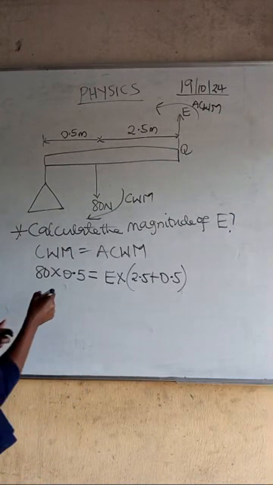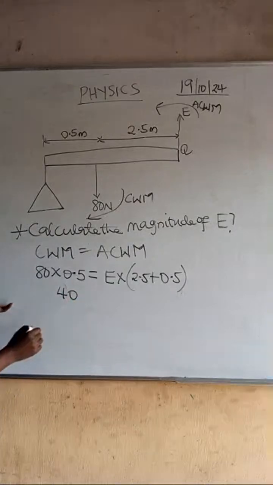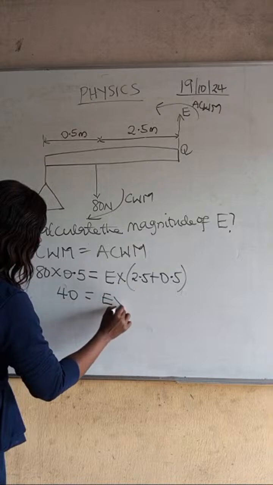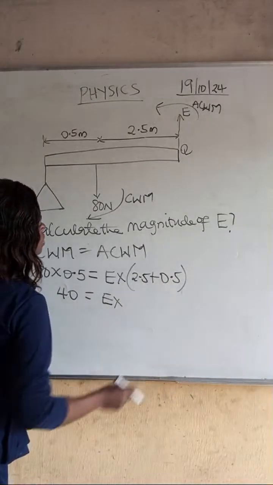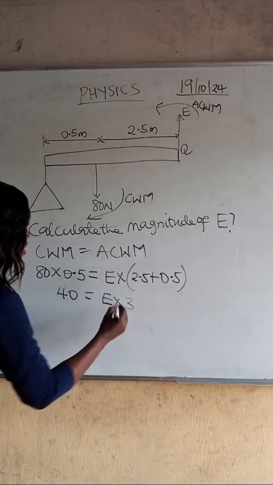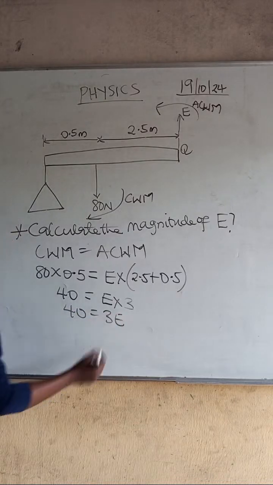So let's use our calculator. Certainly, this is going to give me what? 40 is equal to E times 2.5 plus 0.5, which is going to give you what? 3. So 40 is equal to 3E.